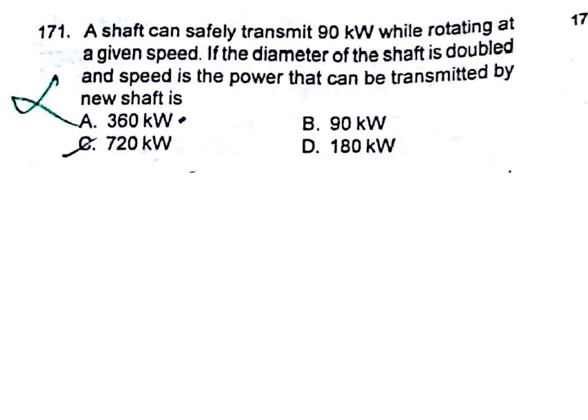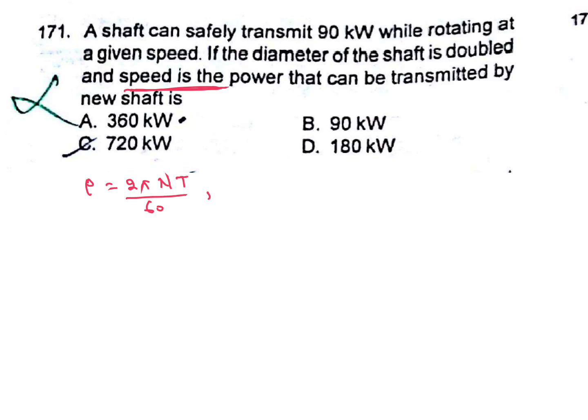A shaft can safely transmit 90 kW while rotating at a given speed. The diameter of the shaft is doubled and the speed is, here something is missing. Speed is... the power that can be transmitted by the new shaft. The formula I am giving: P equal to 2 pi n T by 60.